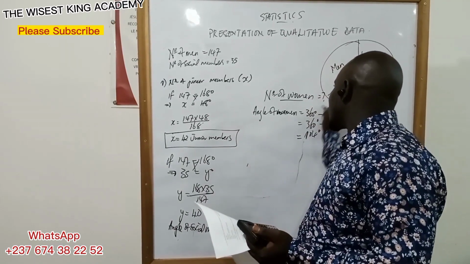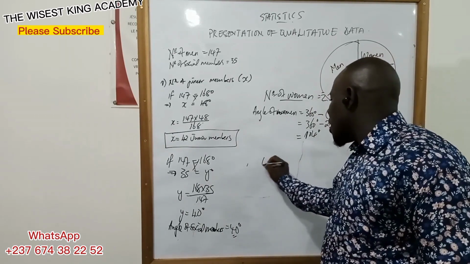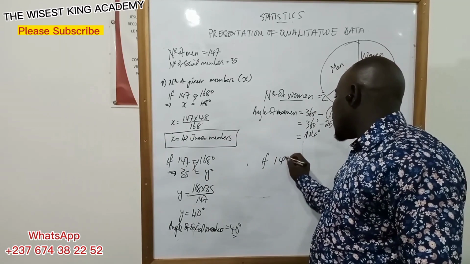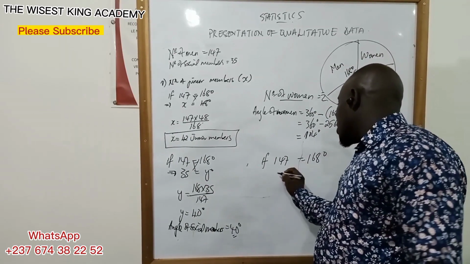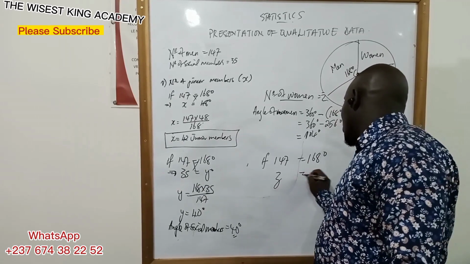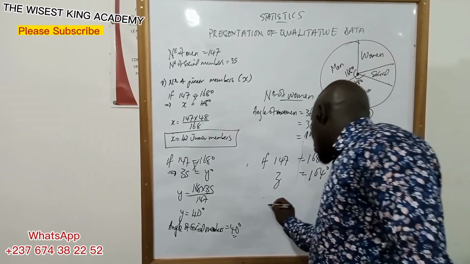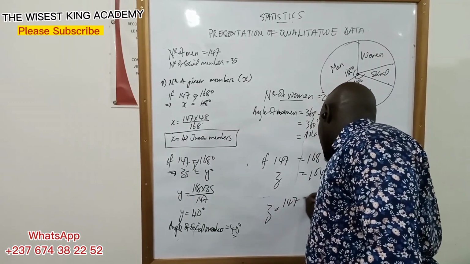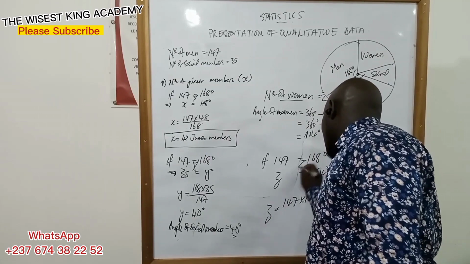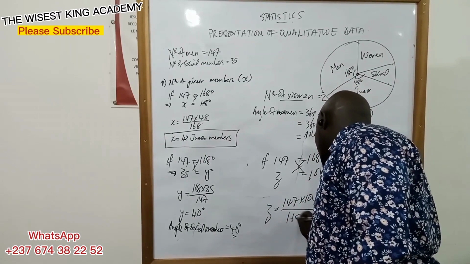So the number of women, let's call it Z. We say if 147 men represent 168 degrees, it means that Z will represent 104 degrees. So Z will be equal to 147 times 104, we are cross multiplying, divided by 168.